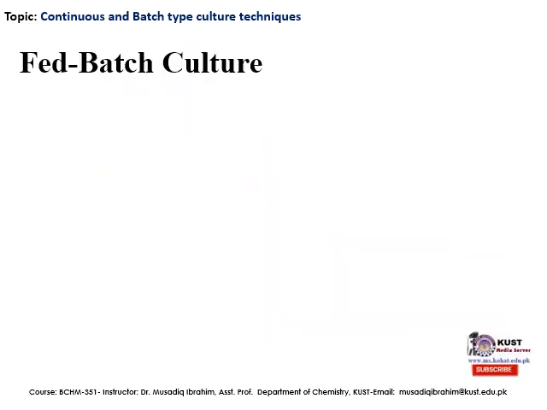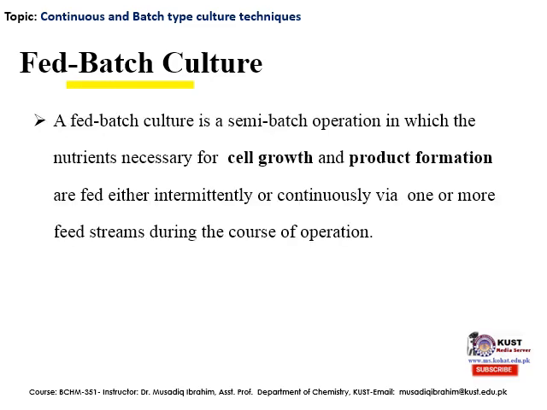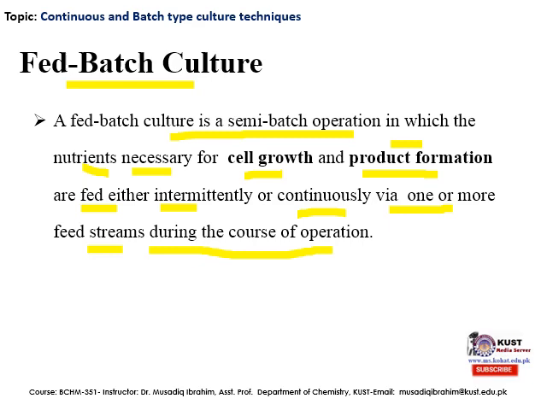Now moving towards the third mode, which is the fed batch culture mode. So a fed batch culture mode is a type of semi-batch operation in which the nutrients which are necessary for the cell growth and product formation, and the product here means the primary and secondary metabolites, are fed either intermittently, that is after a certain period of time, or continuously via one or more feed streams during the course of the operation.